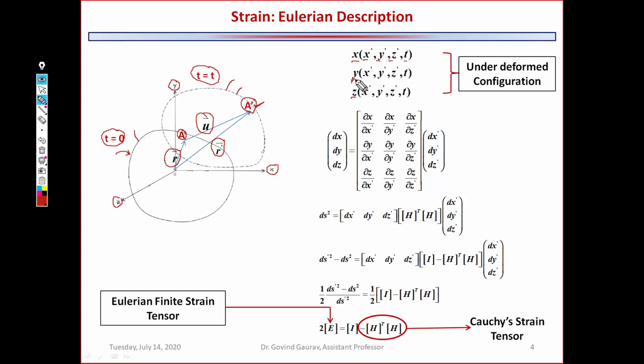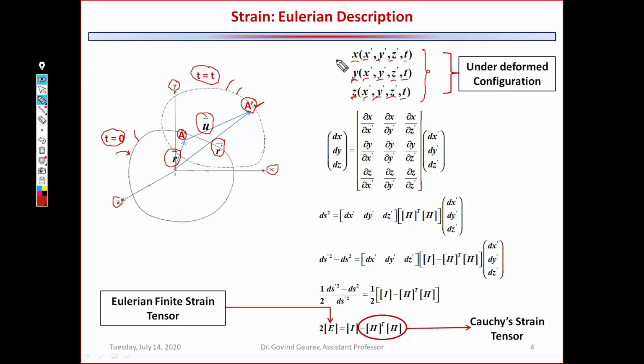Similarly, the y coordinate will be represented in the form of the displaced configuration, which is x dash, y dash, z dash and t. Similarly, z will be represented in the form of x dash, y dash, z dash and t. So all these coordinates x, y and z are under deformed conditions.